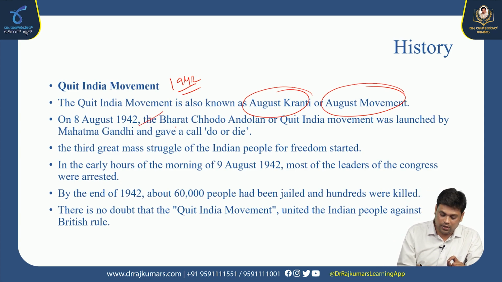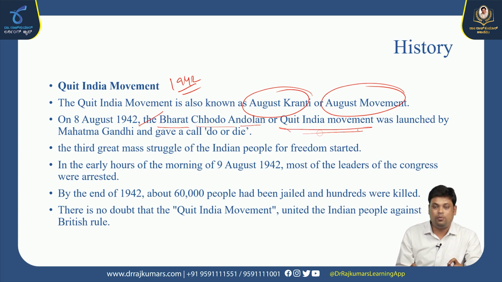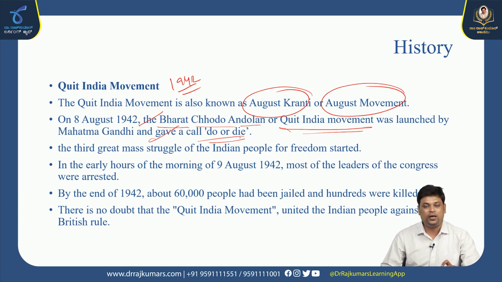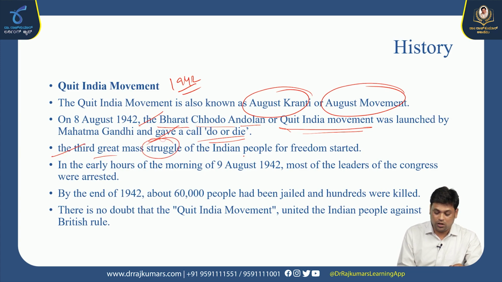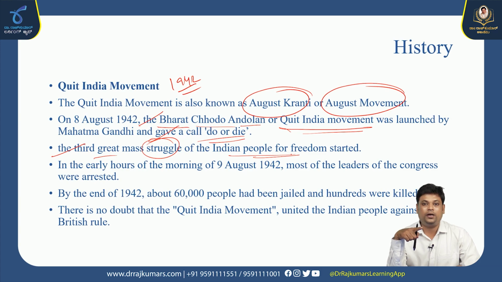Mahatma Gandhi launched the Bharat Chhodo Andolan, or Quit India movement, and came up with the popular slogan Do or Die. The third great mass struggle of Indian people for freedom started: the 1920 non-cooperation movement, the 1930 civil disobedience movement, and the 1942 Quit India movement.